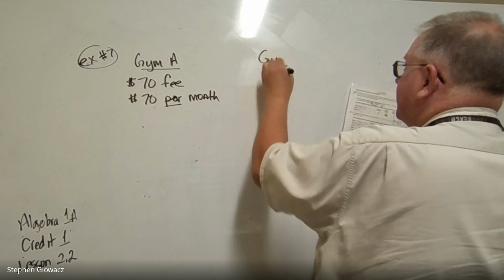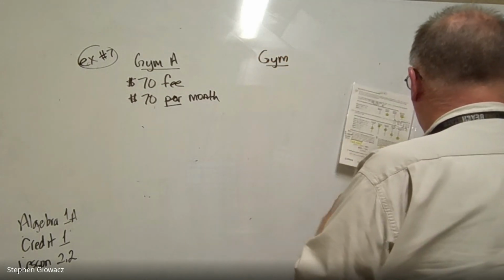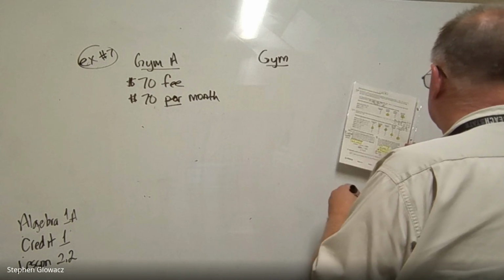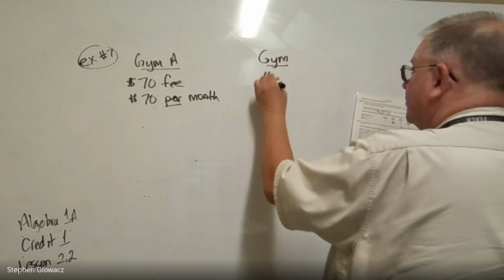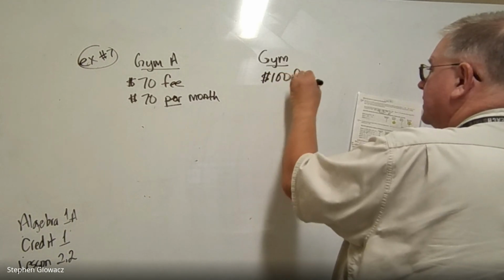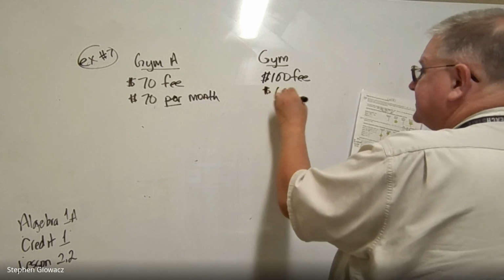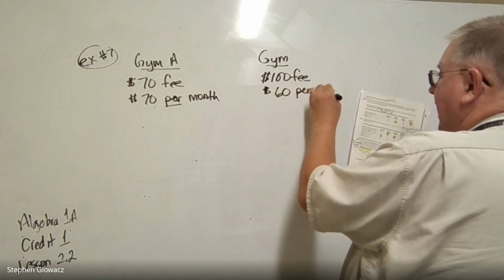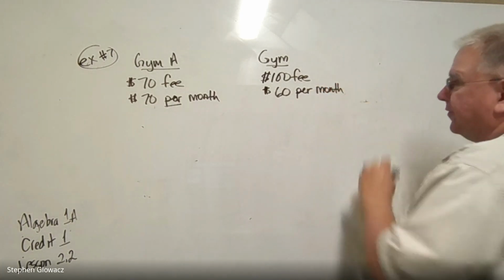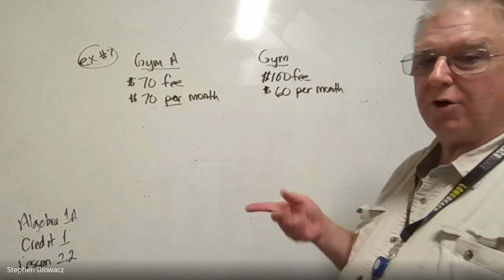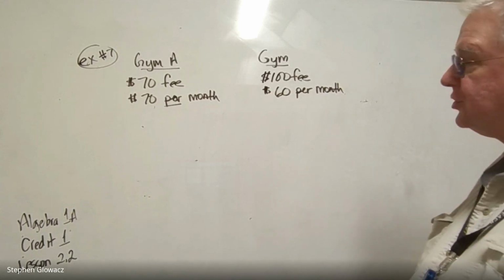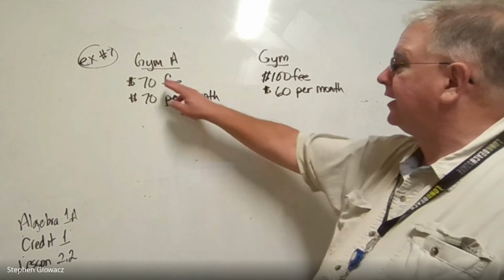For Gym B, they charge a $100 sign-up fee, and then on top of that, it's $60 per month. And what we're trying to do is find out when we pay the same amount to both gyms, regardless of which gym we chose.